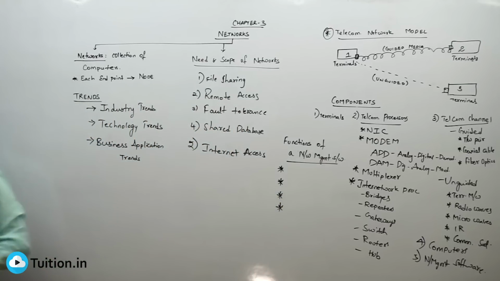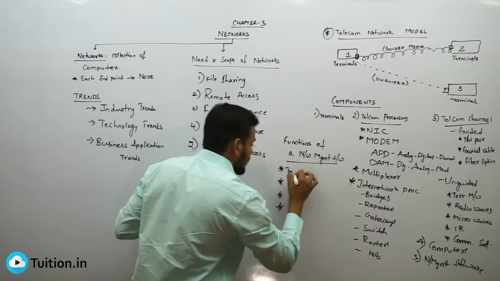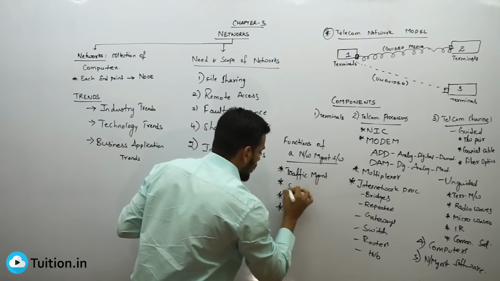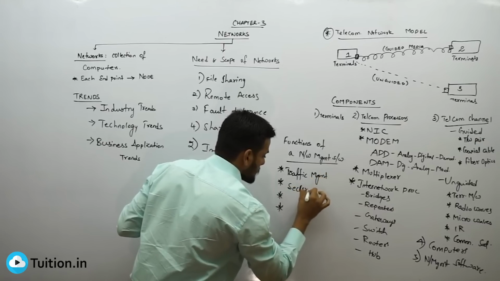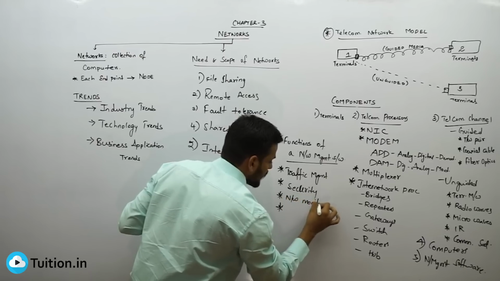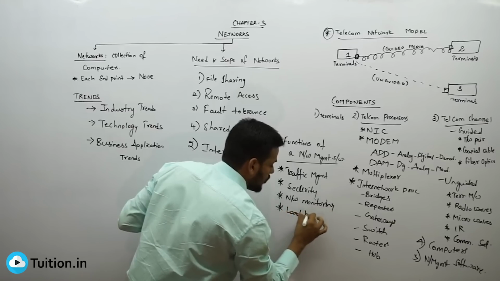What are the 4 functions of the network management software is something that we need to understand at this point. These are traffic management, security, network monitoring, and of course load balancing.